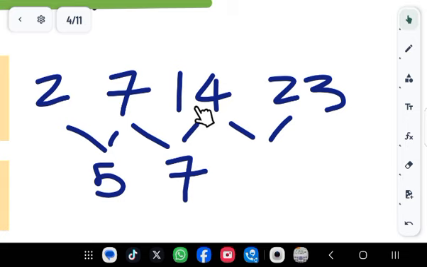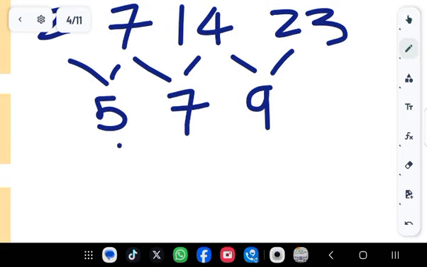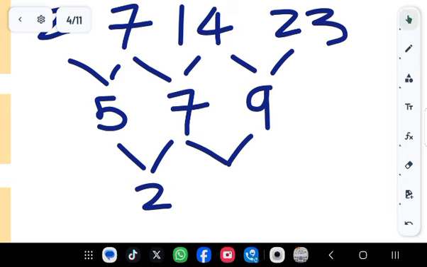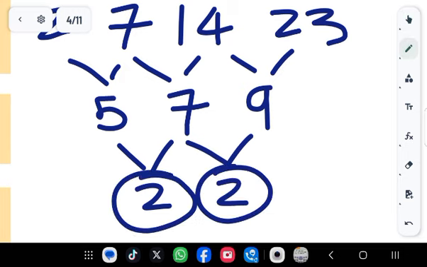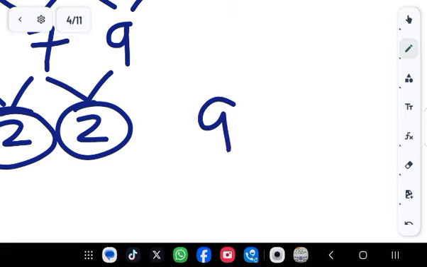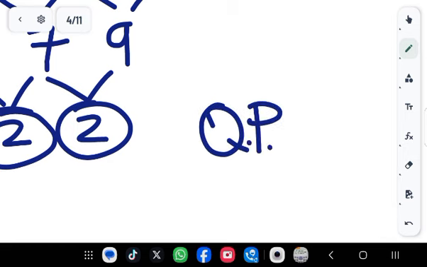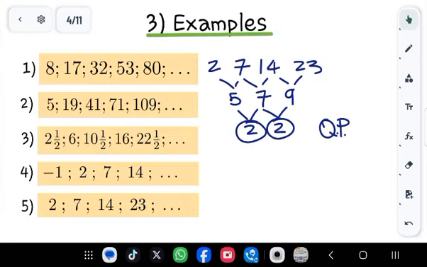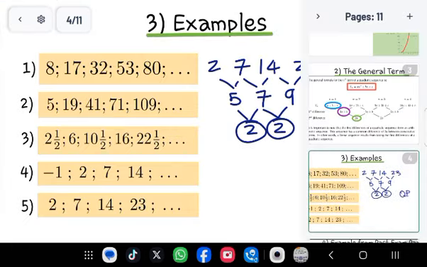And then 23 minus 14 gives you 9. And the second level of differences will be 7 minus 5, that is 2. 9 minus 7 is also 2. Here is your second level of differences that is a constant. Therefore, this makes this pattern a quadratic pattern, and that's how you check if a pattern is a quadratic pattern or not.